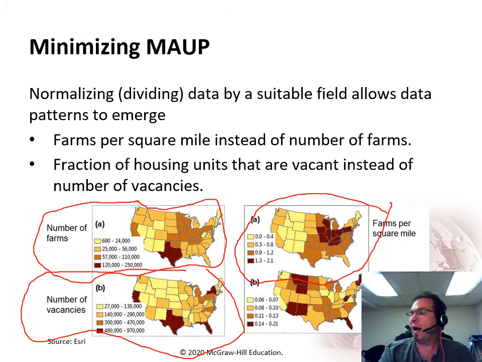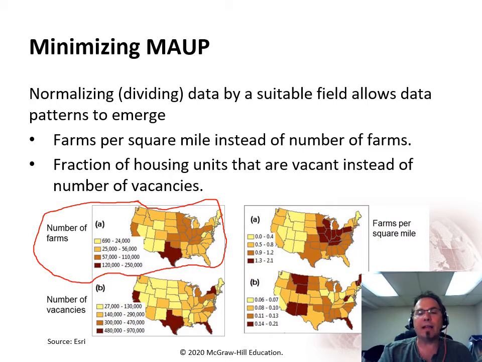Again, you divide that by the number of housing units available, and it tells a much different story. Now all of a sudden you can see that states like Arizona and New Mexico and Montana and Wyoming, along with some of the other states, like even Florida, still have a high rate of vacancies for the area that is given.